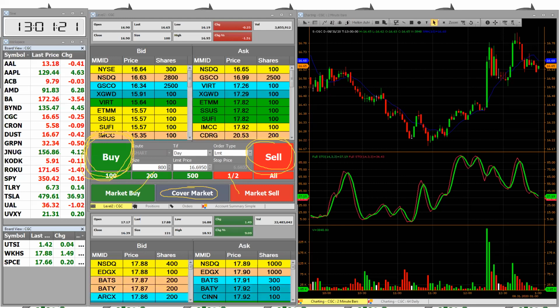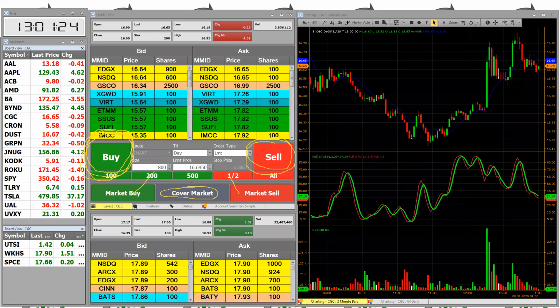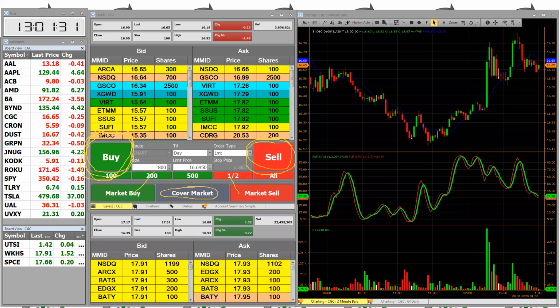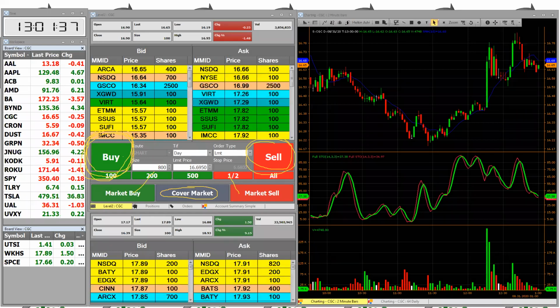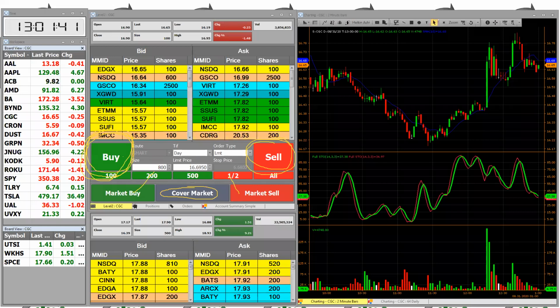Let's see if I can remove this now. What if I hit escape? How do I remove the writing, guys? I wanted to find the laser pointer. It's on annotate.